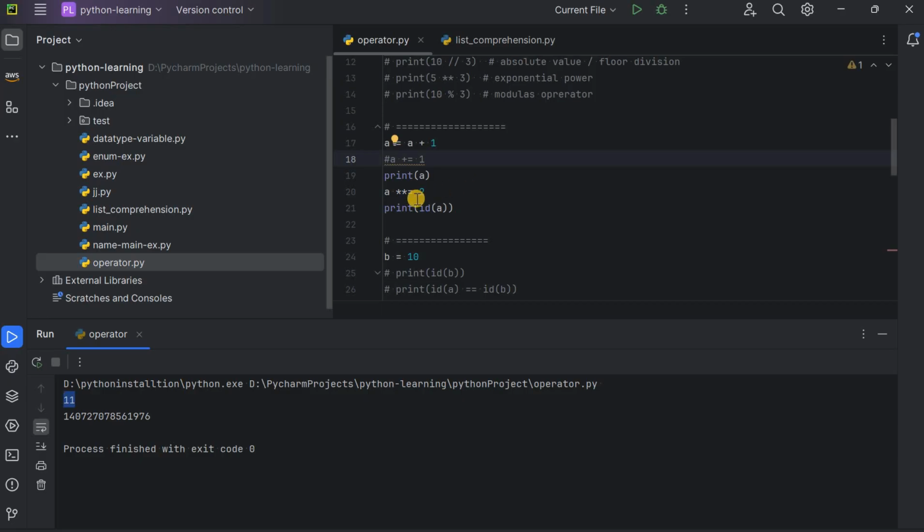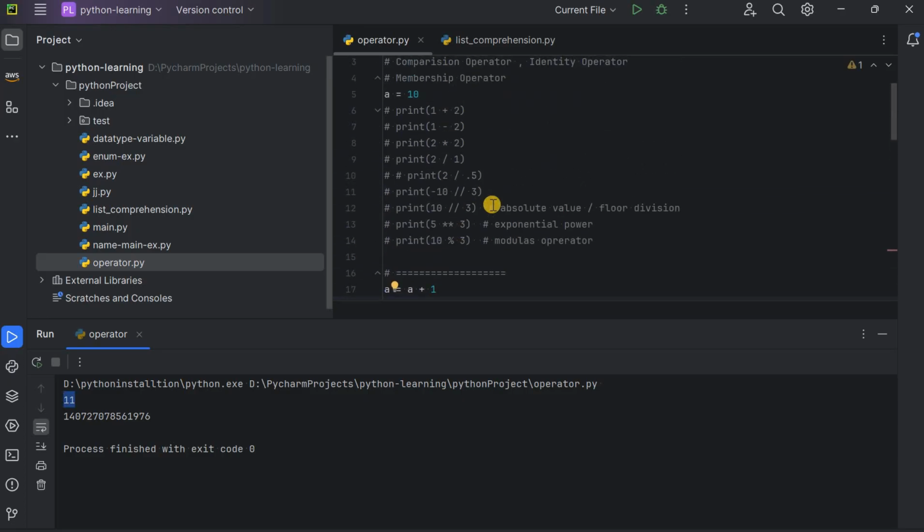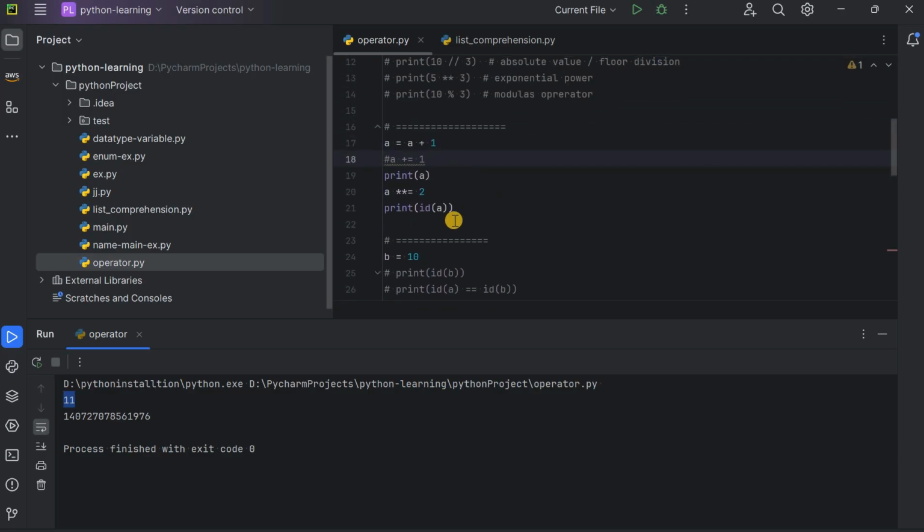And for multiplication or exponential assignment, plus, minus, divide, exponential, every operator we discussed here will work in this scenario. So let's rerun. That is 11, and 11 multiplied by 11 is 121. I hope this is not a big thing.